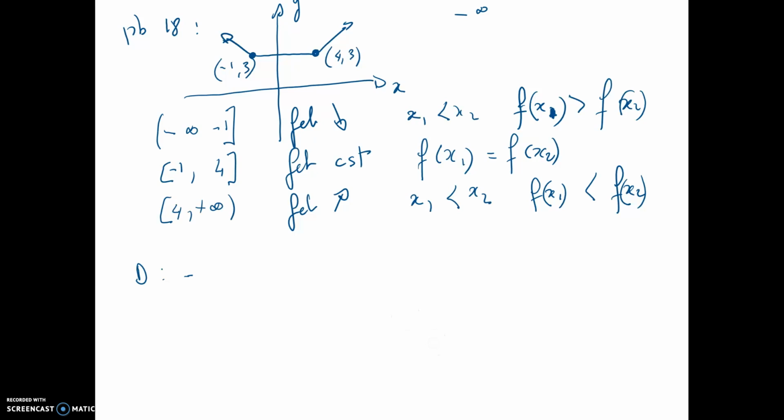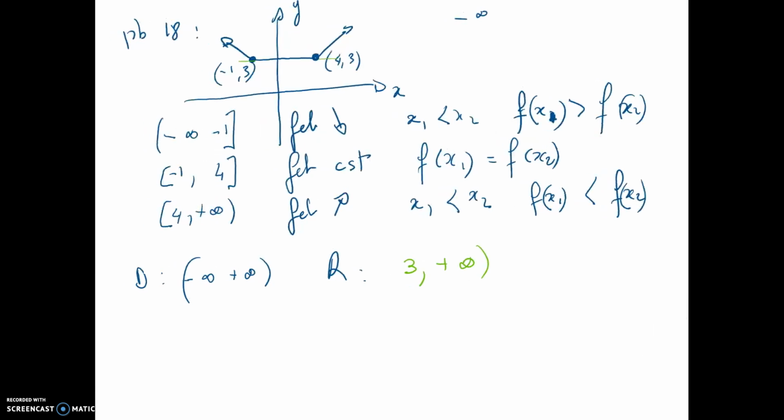There is no discontinuity, so it's going to be negative infinity to plus infinity. In terms of the range this time, I'm going to start from here, where y equals 3. So from 3 to plus infinity, I will have a bracket for 3, as I am dealing with a solid dot, and that is my range.